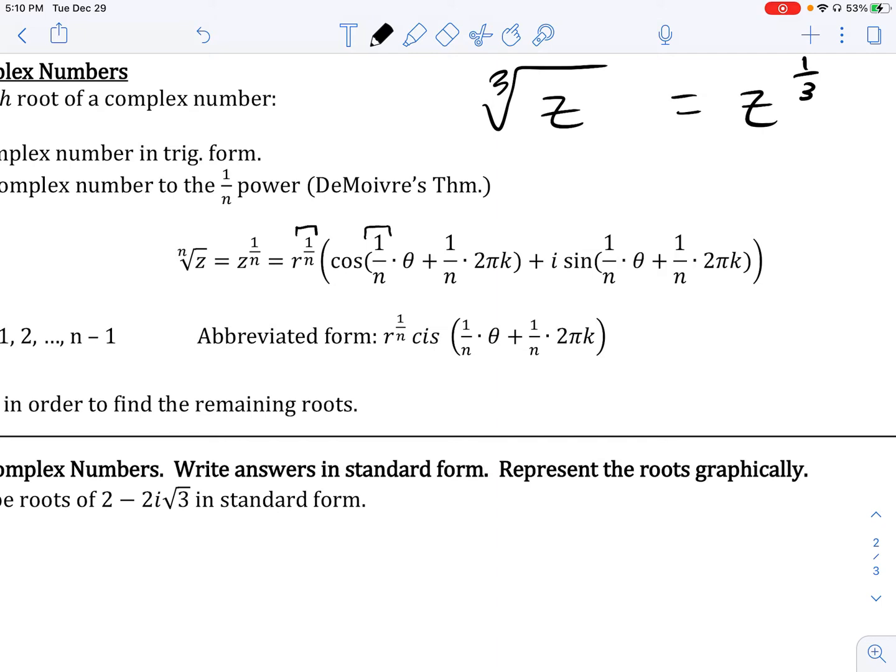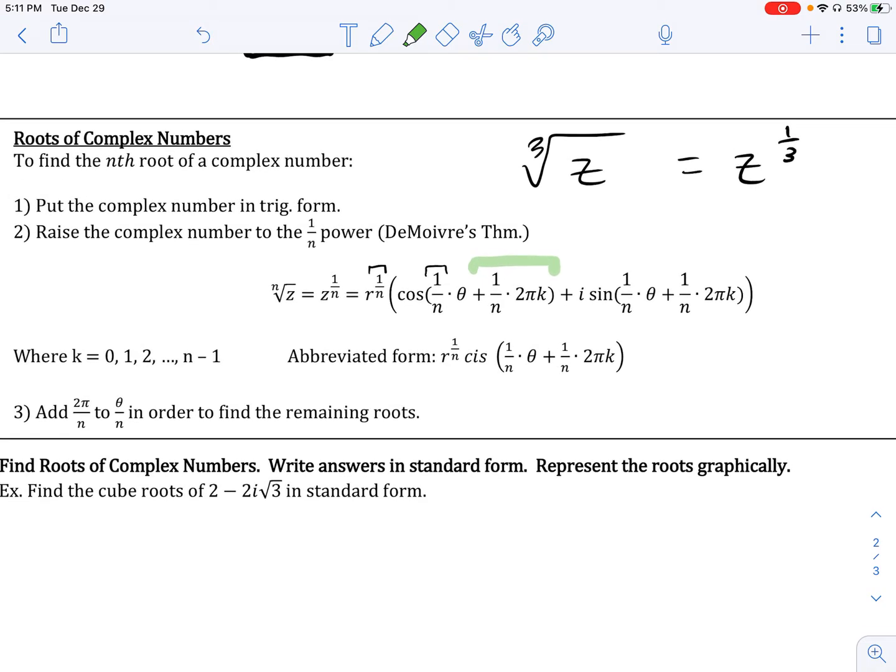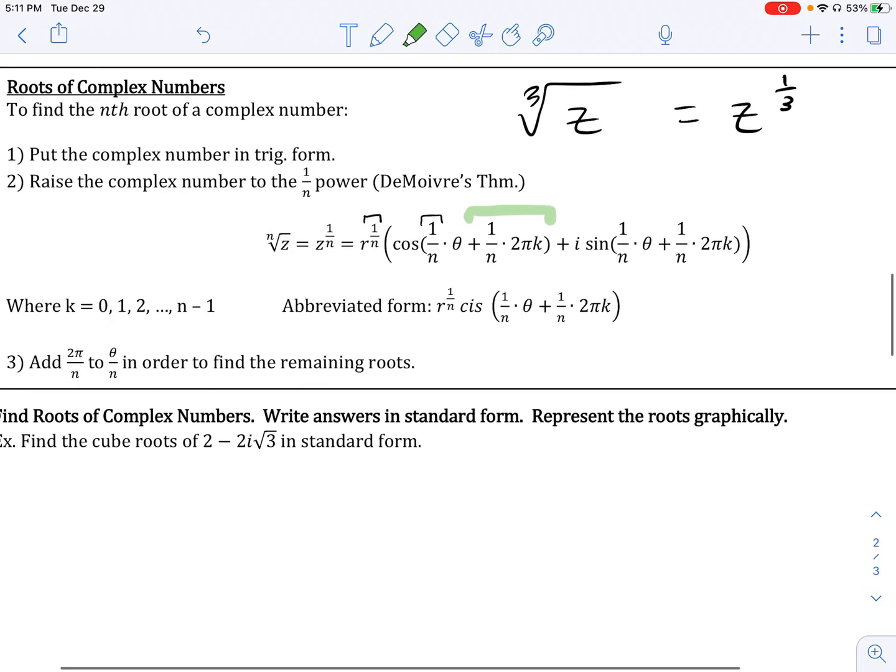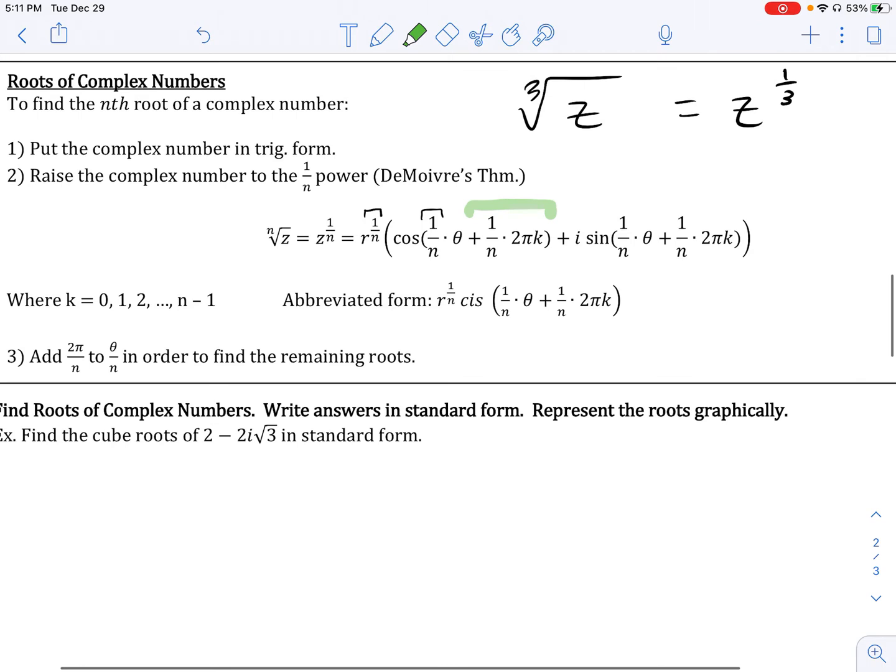But wait, there's an additional component to this as well. There's this part right over here. And the reason for this is because when we are finding roots of complex numbers, we are going to be finding a number of unique and distinct roots. And so if we just completely neglected the part that I have highlighted in green right now, we would just find one single root.